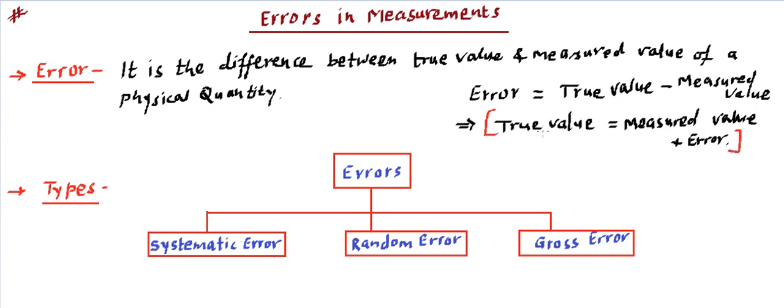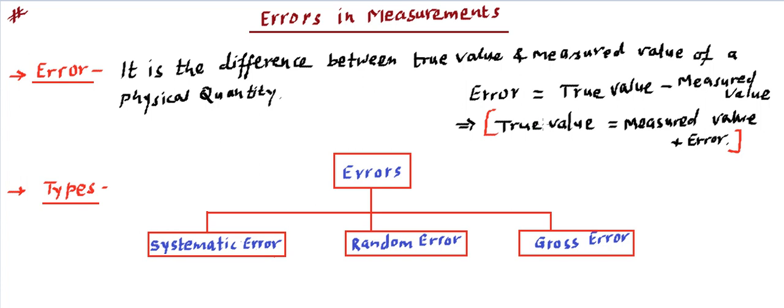So if we want to find the true value in any experiment, we need to find the measured value, and we need to know the error in that measurement, and putting these two together we can find the true value of that physical quantity.